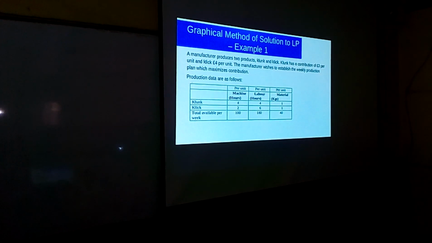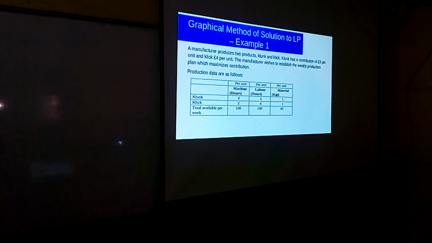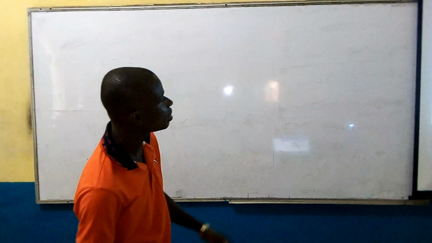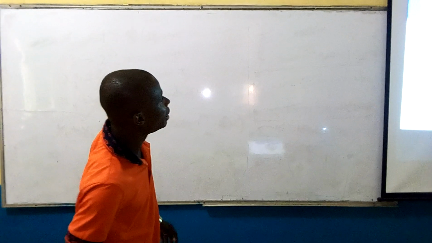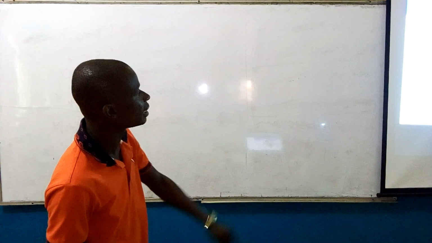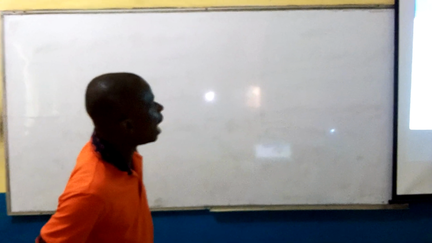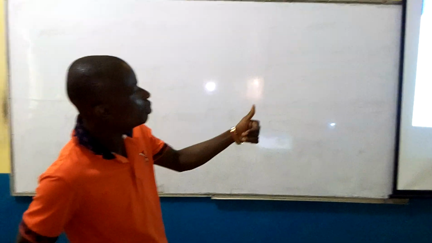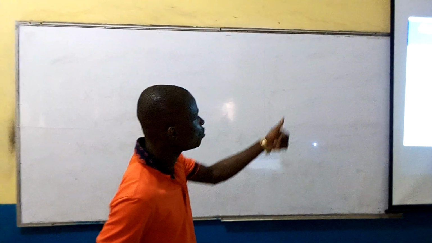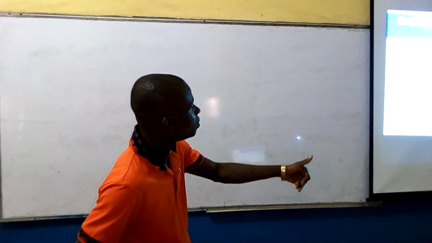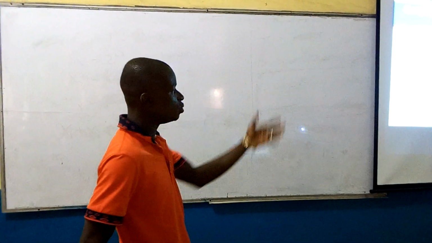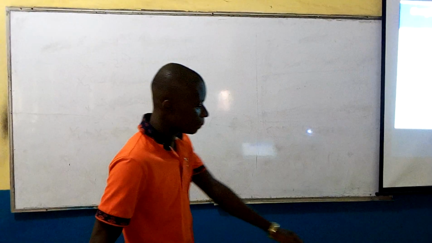I have machine hours, labor hours, and materials in kilograms that are used to produce the two products, Clank and Click. And we have the total available units, in terms of either hours or kilograms per week. So that means you cannot go beyond that.